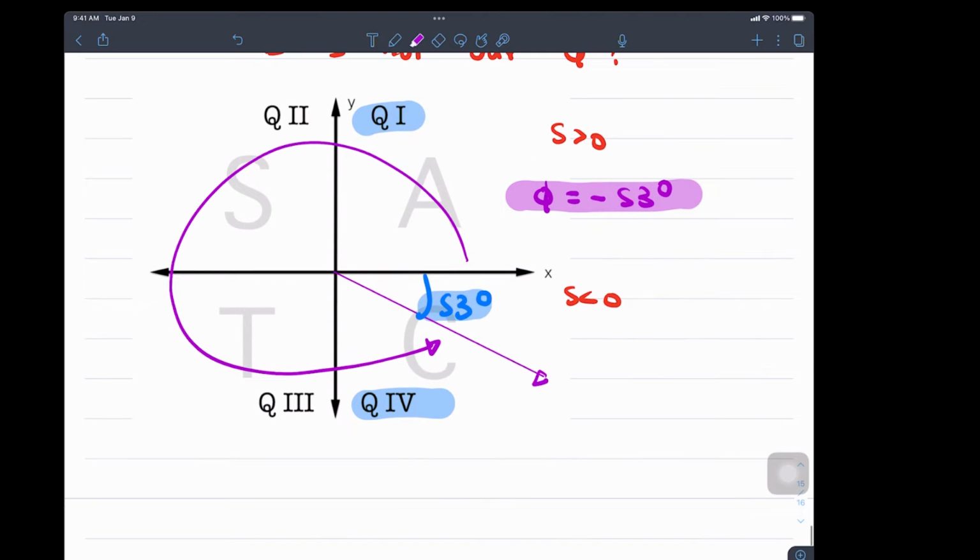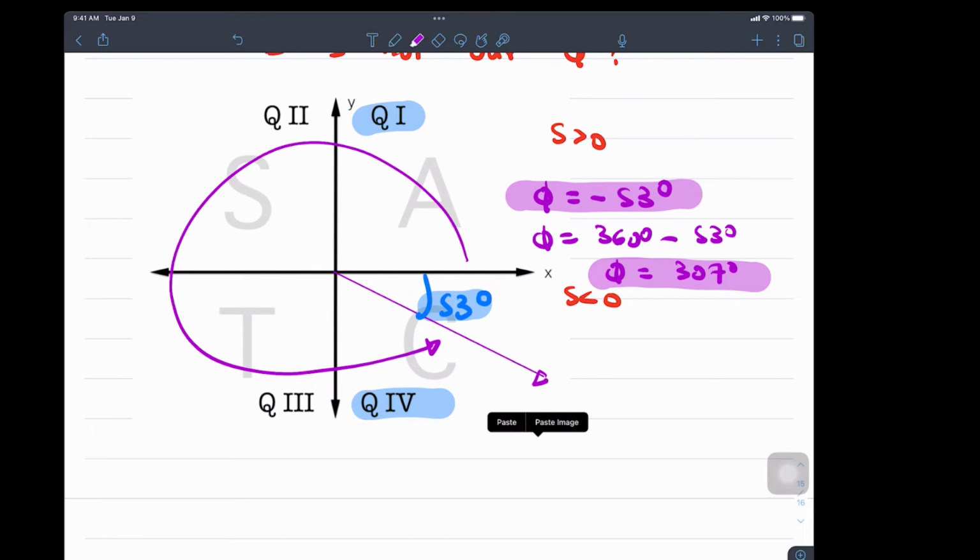What else can I say? That's right, 360 degrees minus 53 degrees. And what does that mean about our phi? 307 degrees, ladies and gentlemen. So I just want to remark there, either phi would be good. Yay? Nay? You guys see what I'm saying?